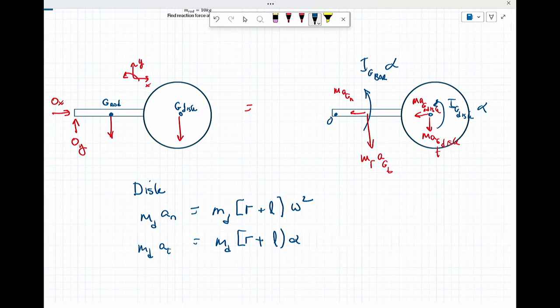And if I do that, I'll end up with (r plus L) alpha. Same thing with the rod. Mass of the rod, acceleration normal, m L over 2 omega squared. Mass of the rod, acceleration tangential, m L over 2 alpha.